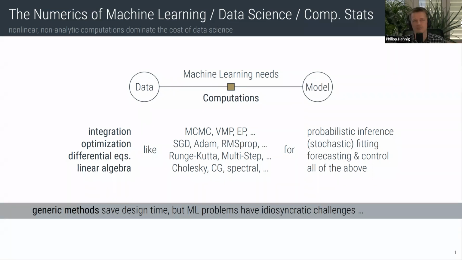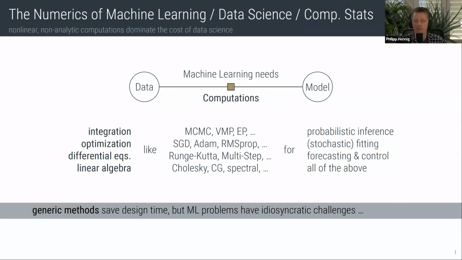There are integration problems for all of probabilistic inference, to compute marginals, conditionals, posterior distributions. There are optimization problems to fit estimators, to minimize empirical risks. There are the solution of differential equations, so simulation methods, to predict what happens in the future.